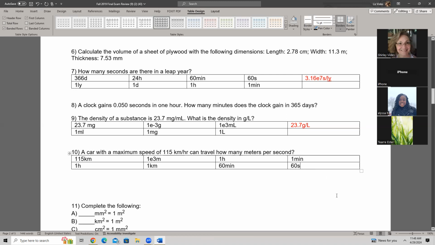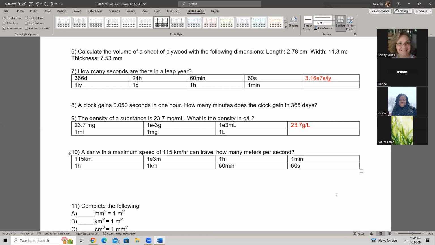Okay, so now you just multiply 115 times 1 e to the third, sorry, I'm looking at the wrong thing here. And then equals to that, and then divided by 60, put parentheses, divided 60 times 60.